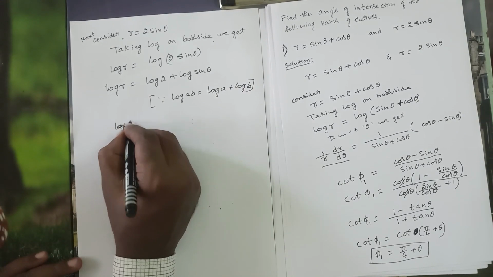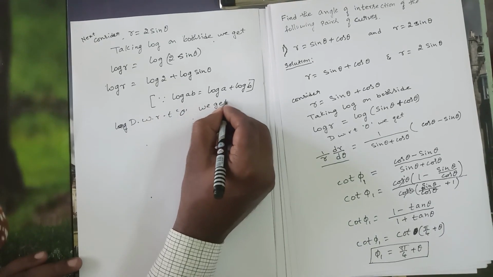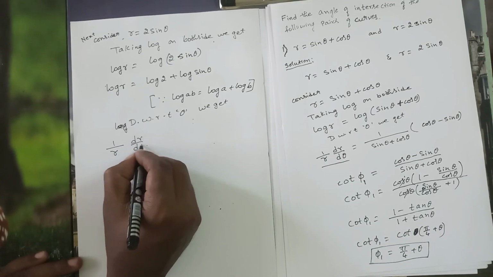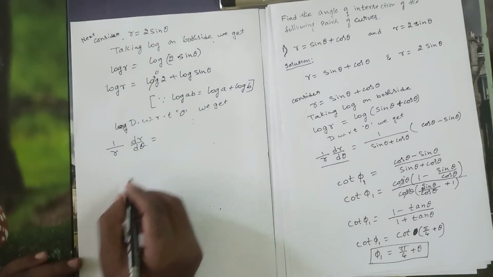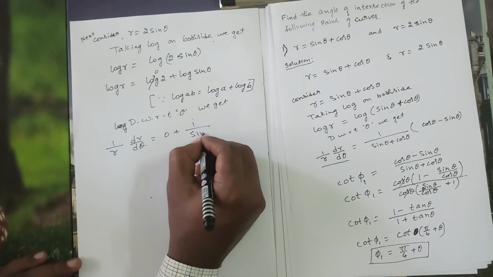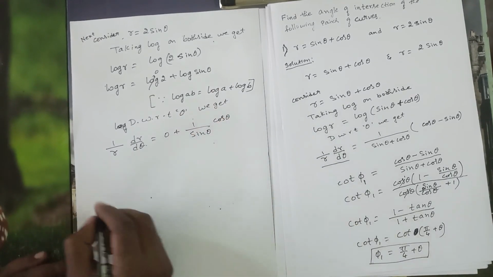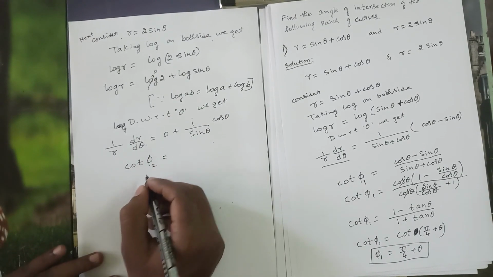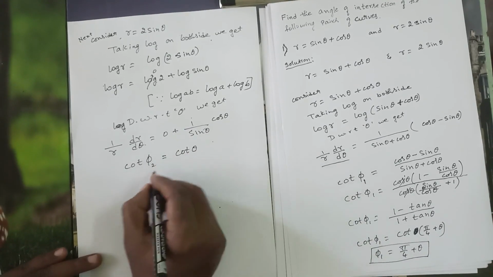Now differentiate with respect to theta. 1 by r into dr by d theta equals, log 2 is constant, so it becomes 0, and 1 over sin theta, and if you differentiate sin theta you will get cos theta. So this can be written as cot phi 2 equals cot theta.